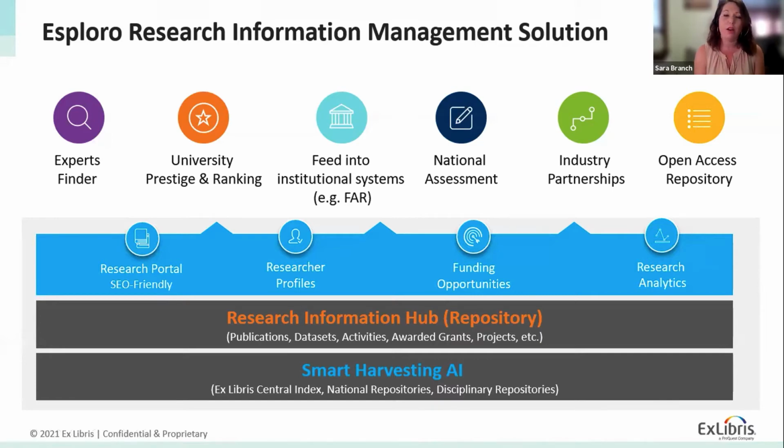Why we are talking about elevating the repository to this idea of a research information hub is because one of the critical features of Splurro is that we're really adding more data and more content to it than you may see in just the traditional institutional repository. Of course, we have the research assets, but in addition to that, we have information about the researchers.